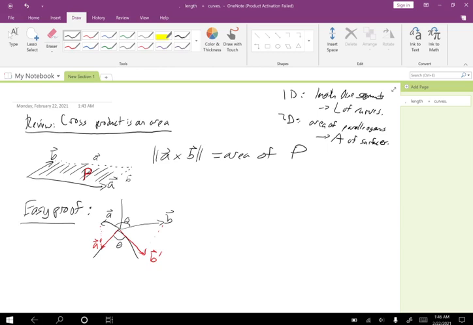If you draw that parallelogram, it will still be a parallelogram when you rotate it. It just doesn't look like it because I'm not drawing it nicely. So the area will be area prime, and it suffices to do an easy situation.